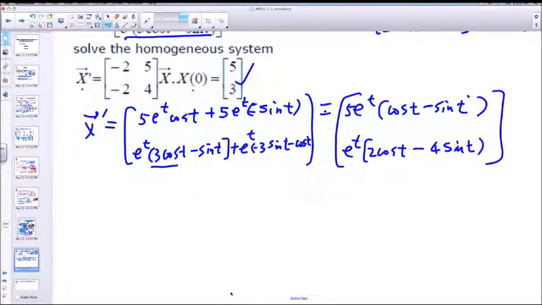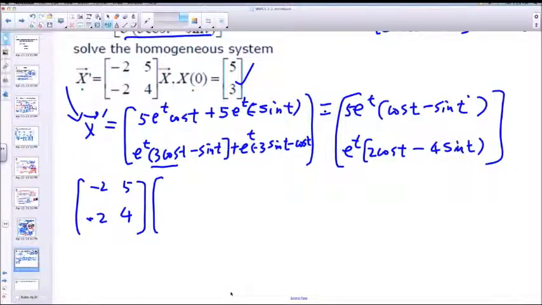That's the left hand side. How about the right hand side? Negative 2, 5, negative 2, 4 times this function: 5 e^t cosine t, e^t 3 cosine t.